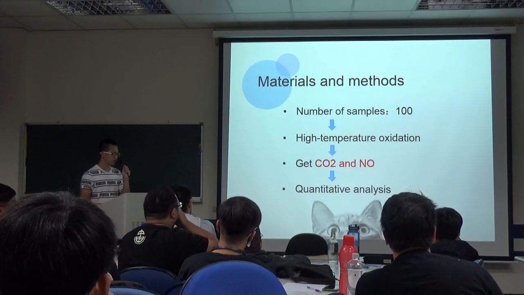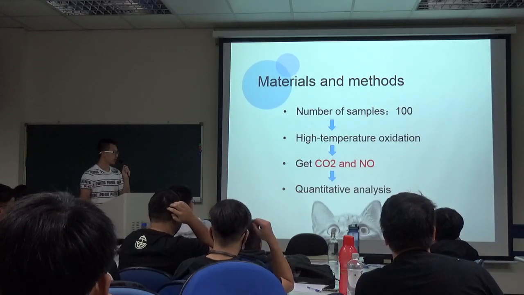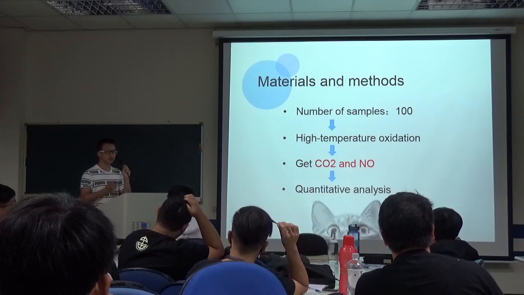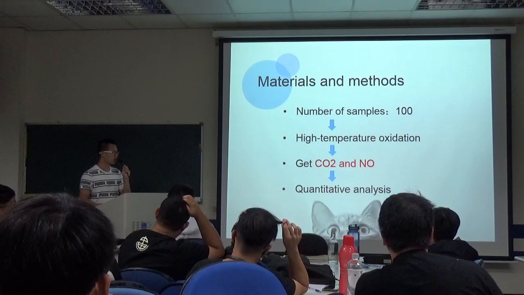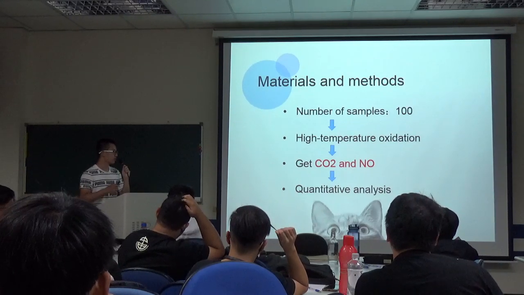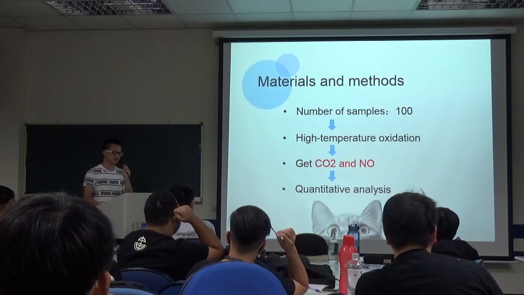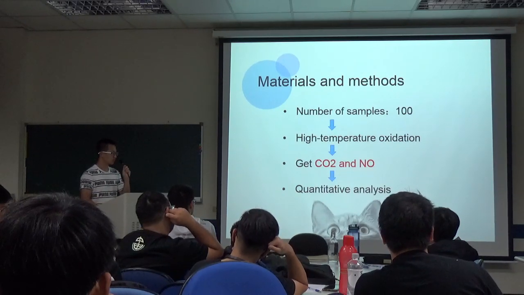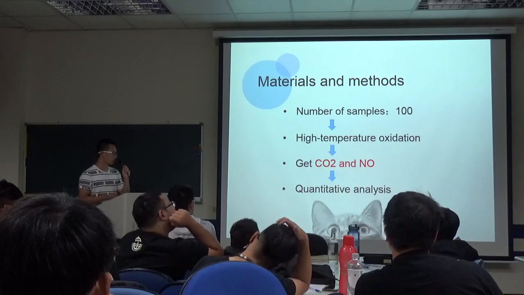Then we get CO2 and NO. The CO2 comes from the DOC, and the NO comes from the DON. And finally, we do a quantitative analysis. There are many chemical details in the middle.